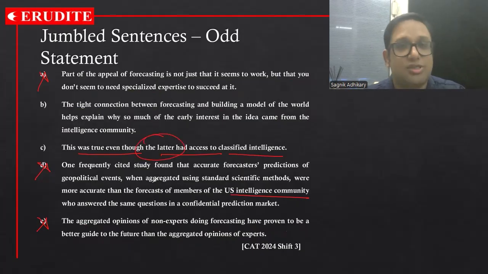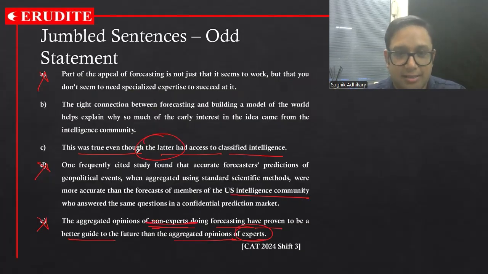The latter suggests the second of two choices, the former and the latter. The latter is experts in the case of statement E. We see here non-experts doing forecasts have been proven to be a better guide to the future than the aggregated opinion of experts.